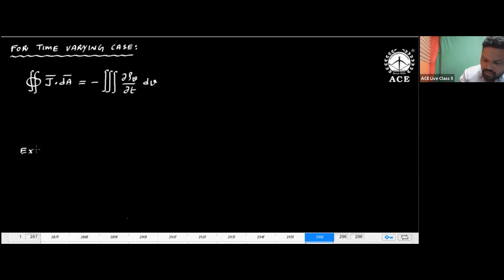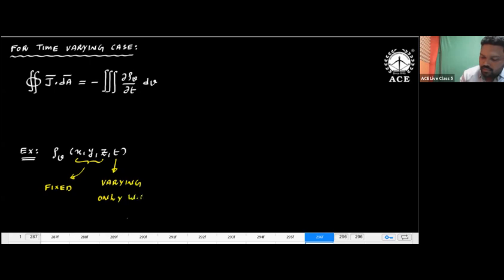For example, why like that? This rho v is a function of x, y, z, and time. So here the space is fixed, x, y, z are fixed. Here it is varying only with respect to time.